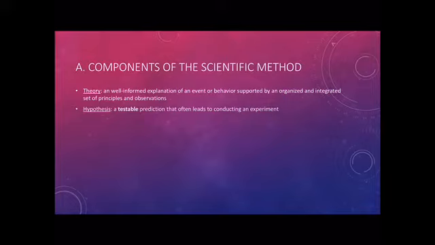But a theory has to be well supported by observations and research. Whereas a hypothesis is just a prediction that we're using when we go to conduct an experiment. So theories are made up of hundreds of hypotheses that were either confirmed or rejected based on the outcomes of the studies. So a hypothesis is sort of your best guess, and then a theory is a well-developed idea based on research.